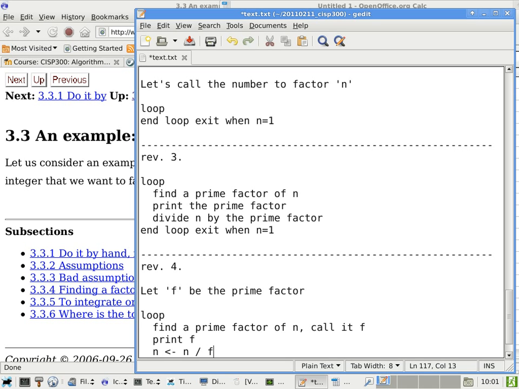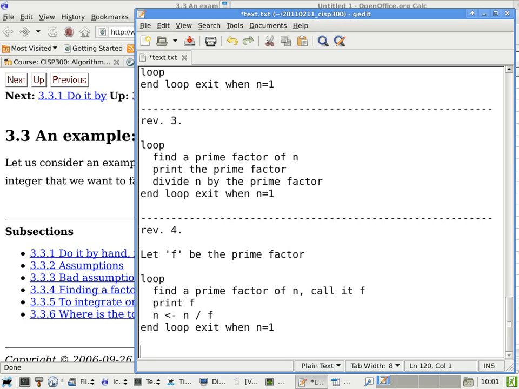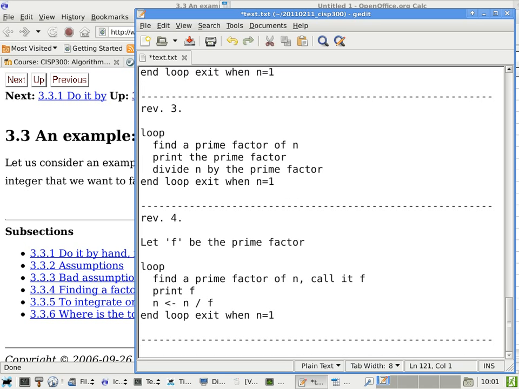Are we doing okay so far with this? I have just used top-down design. Why do you think I have just applied the principles of top-down design? Did I spell out how to find a prime factor of n? Nope, I'm just saying that let's say we have a way to do it. Stick it here.